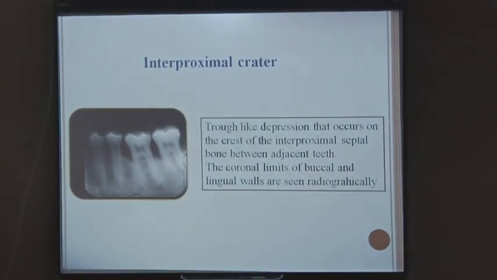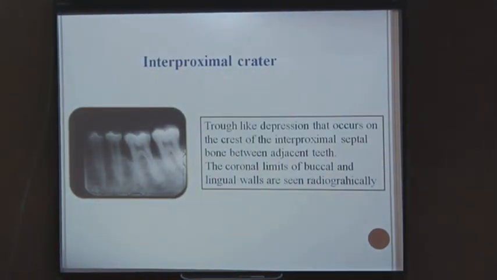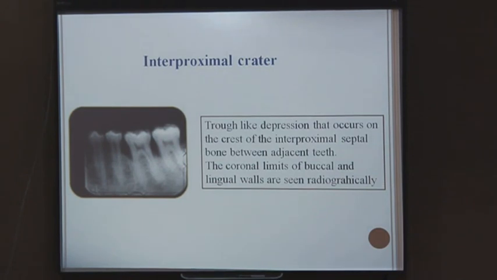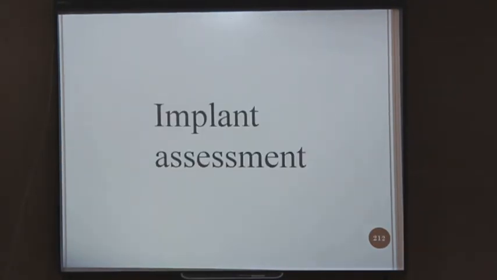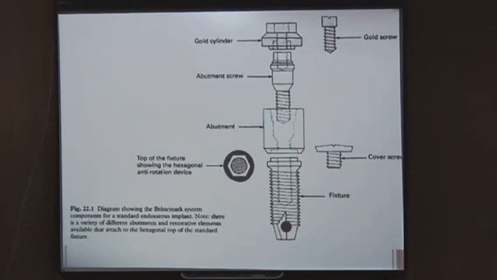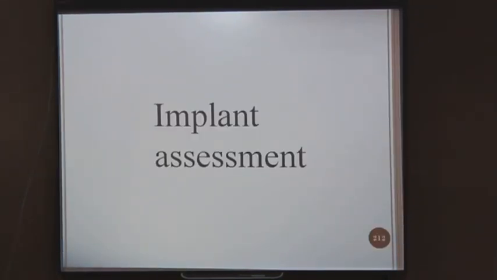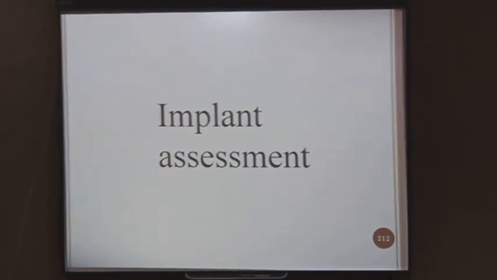If you read the chapter on perio bone loss, this chapter is covered. Terminologies in periodontics, your crater, interproximal crater, angular bone loss, all this will come.